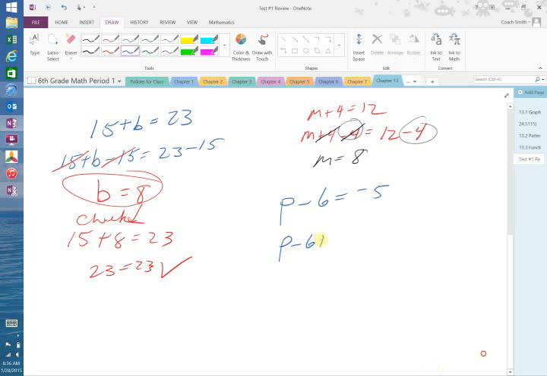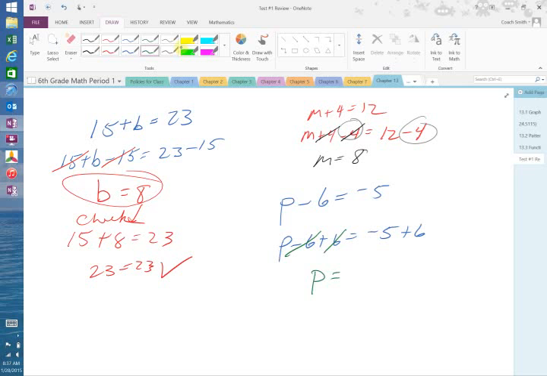So on the left side, the 6's cancel, leaving me with p. Now, what is negative 5 plus 6? Don't yell it out, raise your hand. Staley? Negative 11? No, not that. Isaac? Positive 1. Positive 1. That is correct.